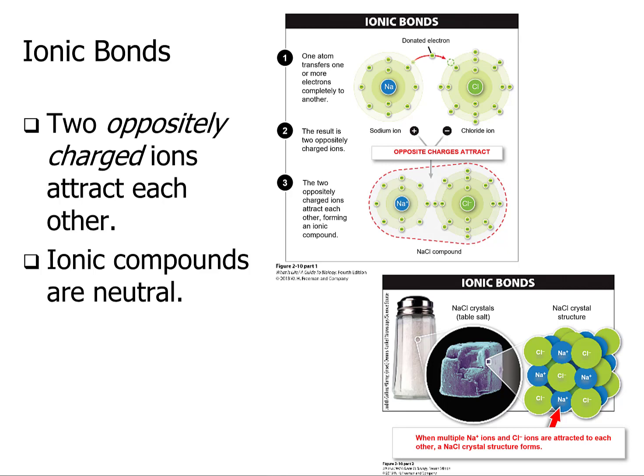But in ionic bonds, it changes the overall characteristics of the element that we're talking about, and it takes on a new name. The element is still the element, but we have to call it an ion, and that's what an ion is.